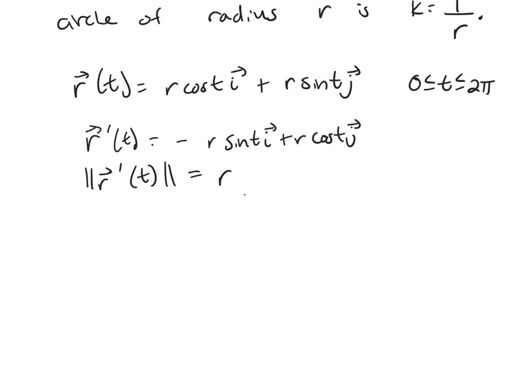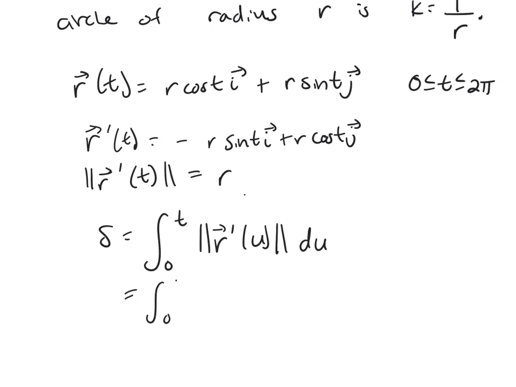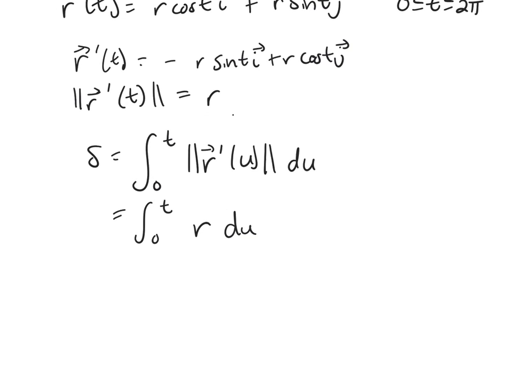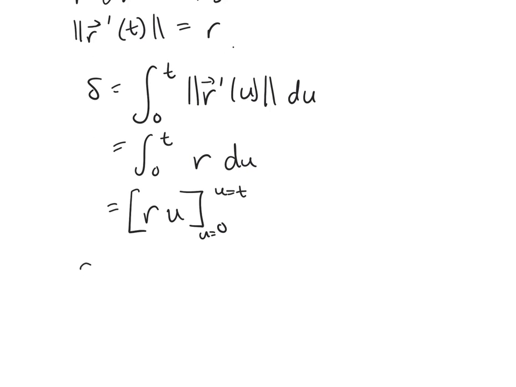So now the arc length s is the integral from 0 to t of the magnitude of r prime of u du. Well, this is the integral from 0 to t of r du. And r is just some fixed number, it's the radius of our circle. So we get r times u from u equals 0 to t. So for our arc length parameter s, we're going to get r times t.